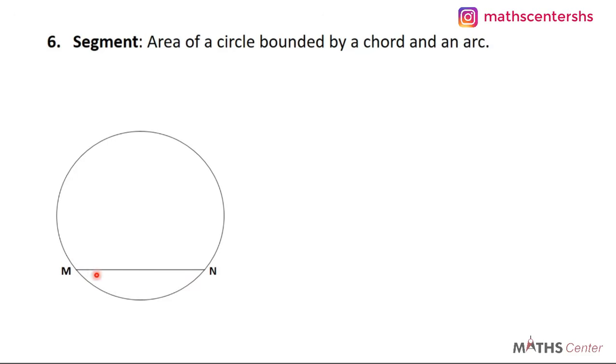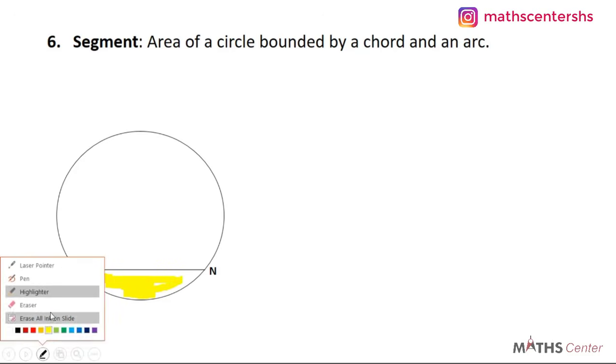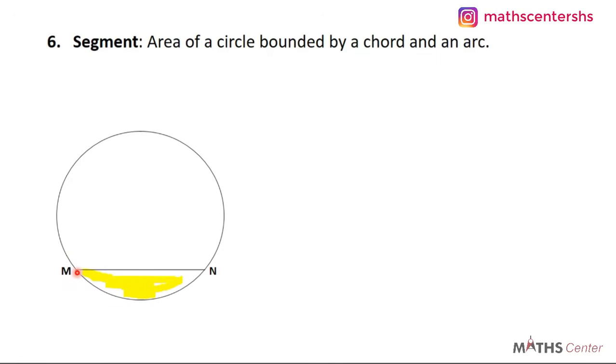I'm going to highlight the area for you to see. This is the area I'm talking about. You see that this area is bounded by a chord and an arc. This area is what we refer to as a segment. I hope that is clear.